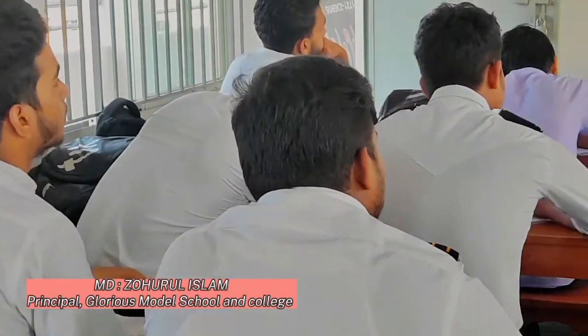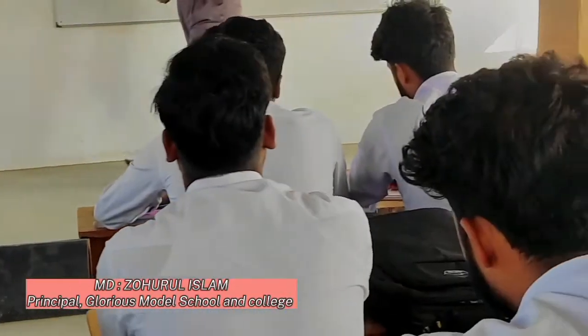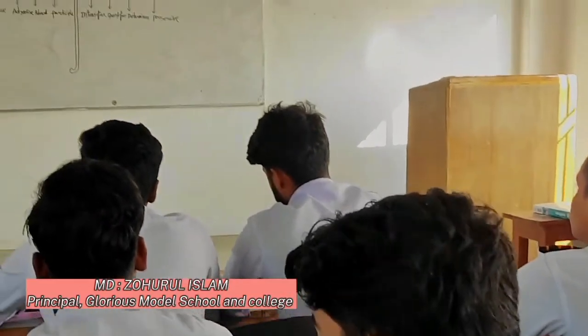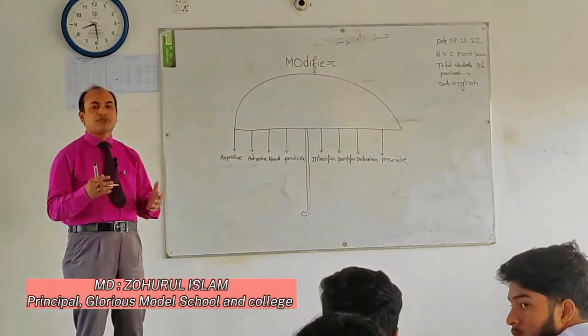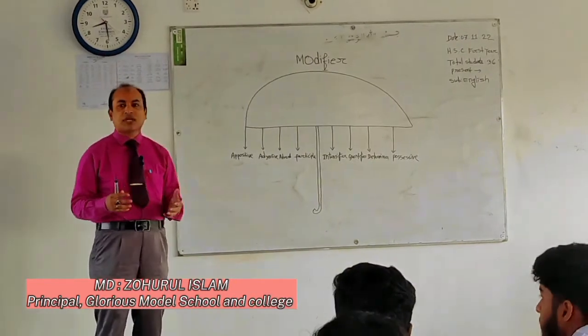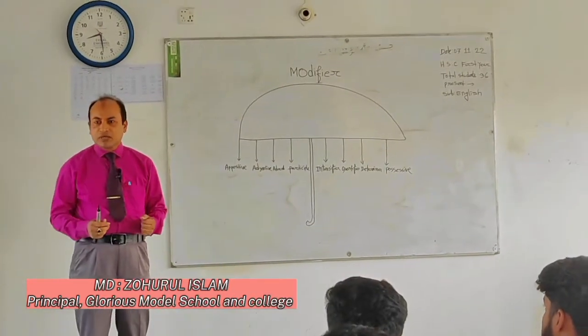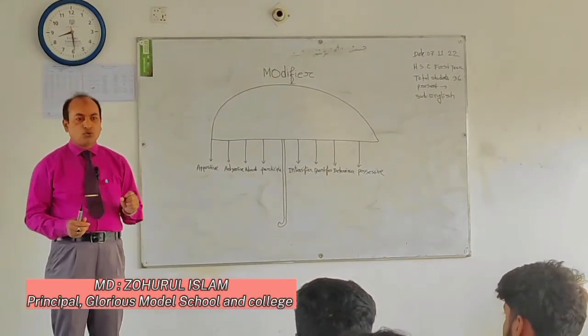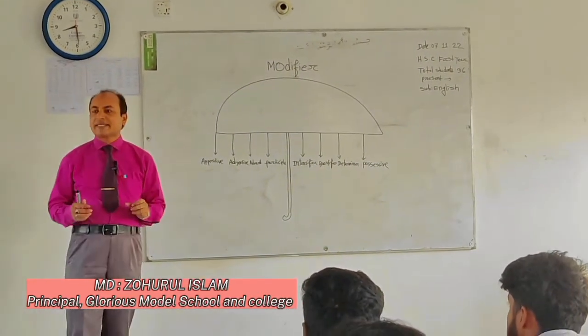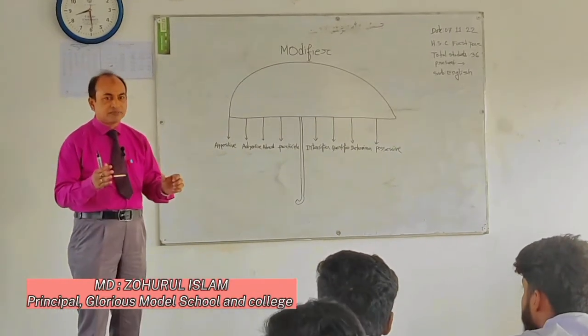So number one, you see appositive. So what is called appositive? Appositive means a word or phrase that tells about something, about some person. Suppose, Rabindranath. Who is Rabindranath? Rabindranath is a great poet of Bengali literature.